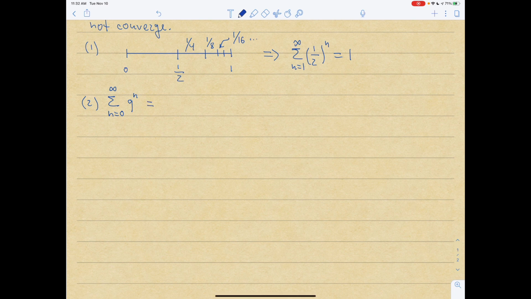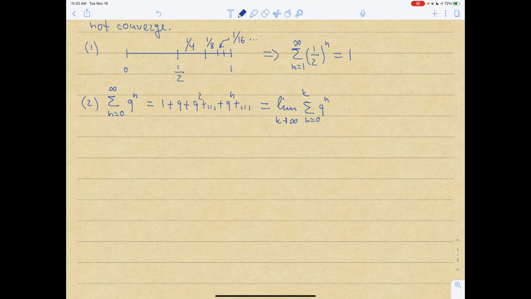That I can formally write as 1 plus q plus q squared plus etc. plus q to the n plus, and you just keep going forever, because it's an infinite series again. So this series would converge if the limit as k goes to infinity of partial sums, sum from 0 to k of q to the n, exists.